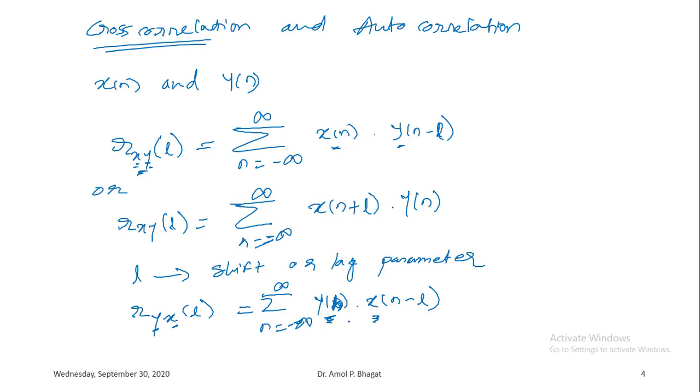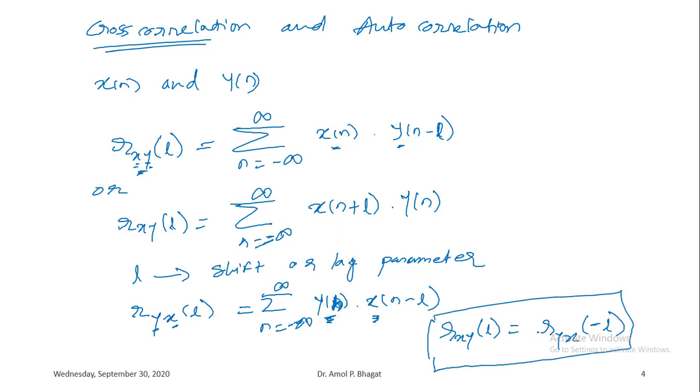If I want to compare rxy of l with ryx, then rxy of l equals ryx of minus l. This is the relationship between rxy and ryx, and this is how you represent the correlation of two sequences, x of n and y of n.